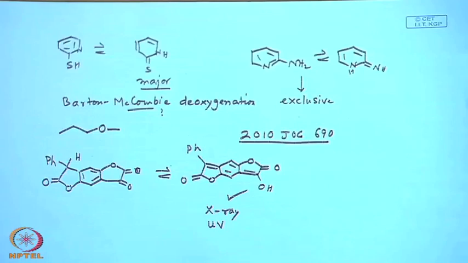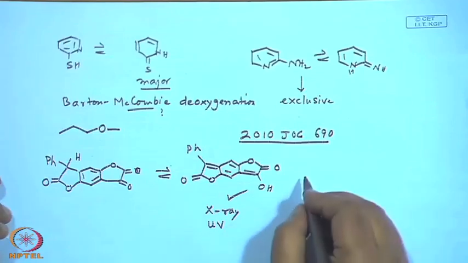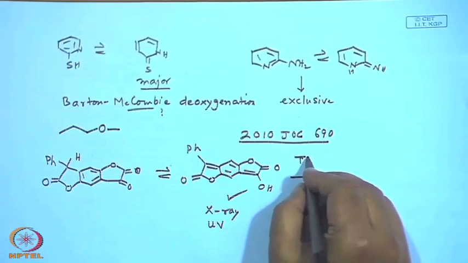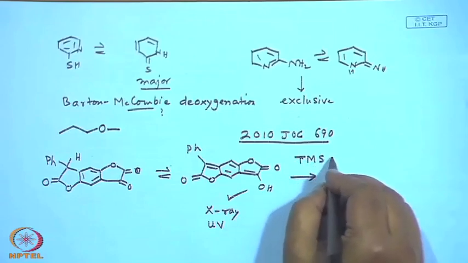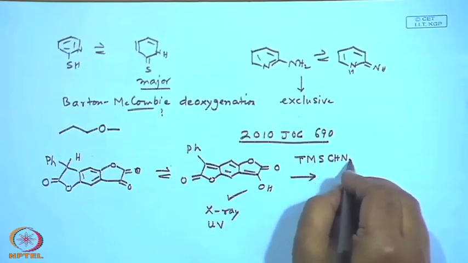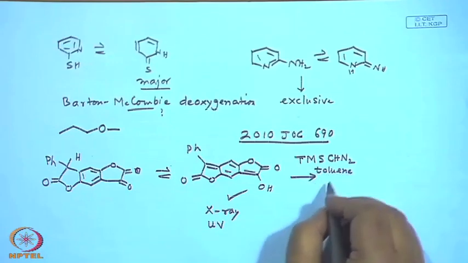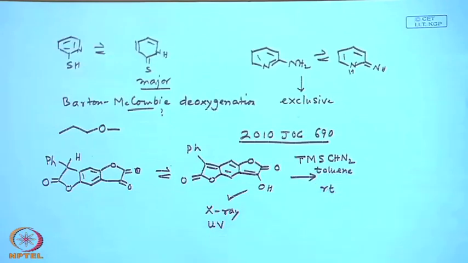So, obviously, you have to first know what is the UV, and to do that what they did a reaction here, room temperature reaction. I will write this is TMS CHN2, and toluene is the solvent, and the temperature is room temperature.